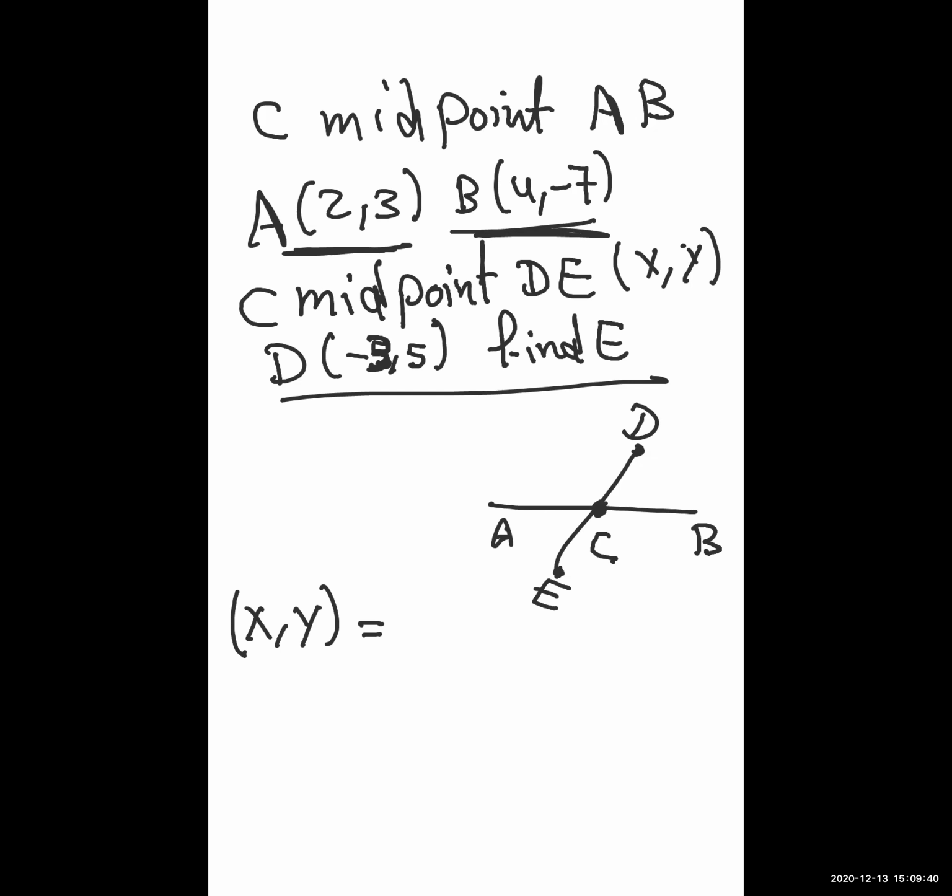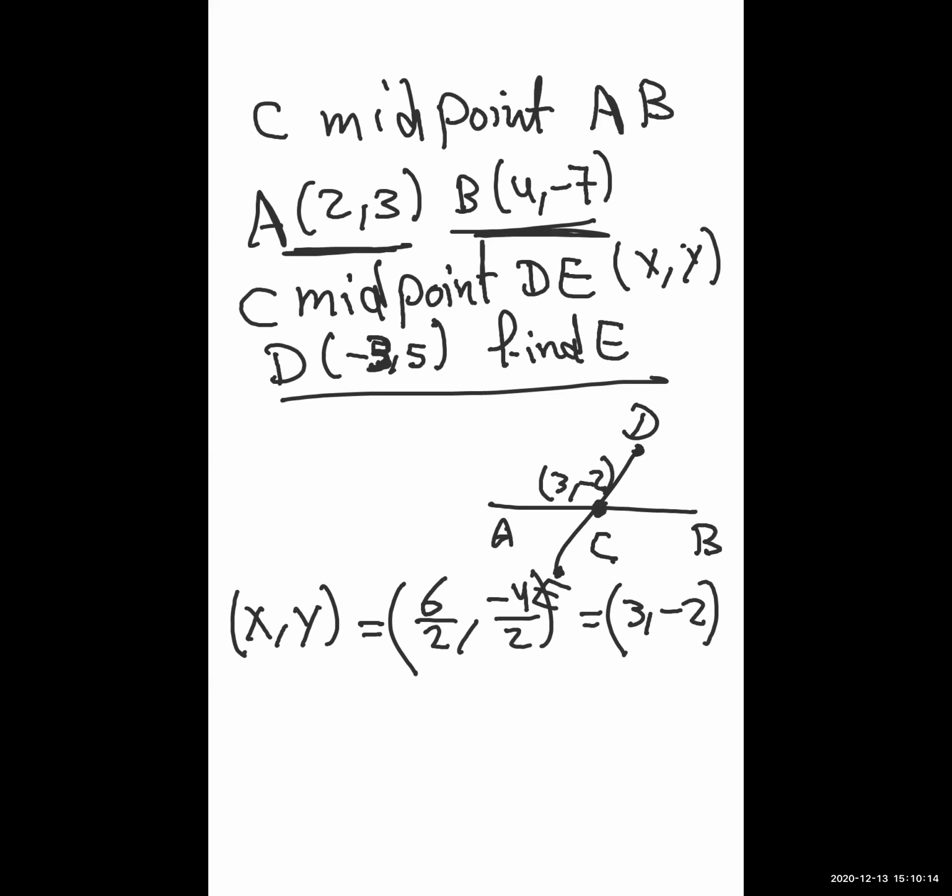Right, guys? Are you with me here now? Yes, sir. Master. Okay, so 2 plus 4, so 6 over 2. And 3 plus -7 means -4 over 2. So the point will be 3 and -2. Okay, so this point C is 3 and -2.